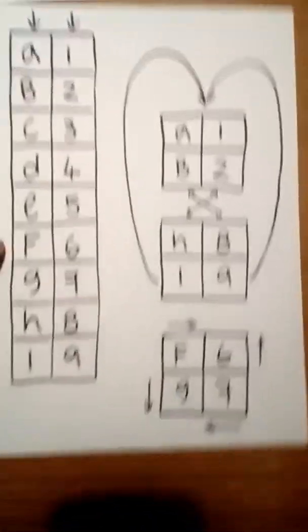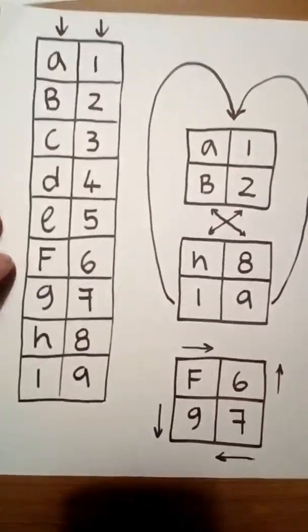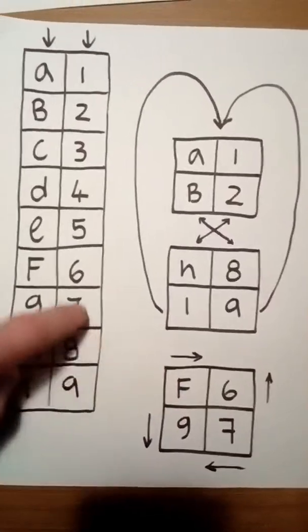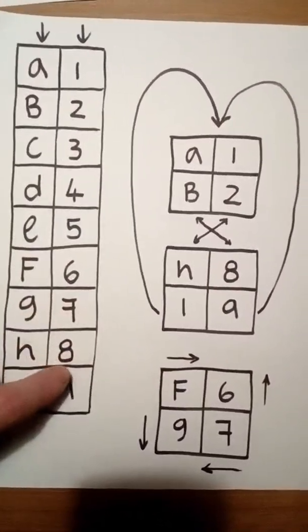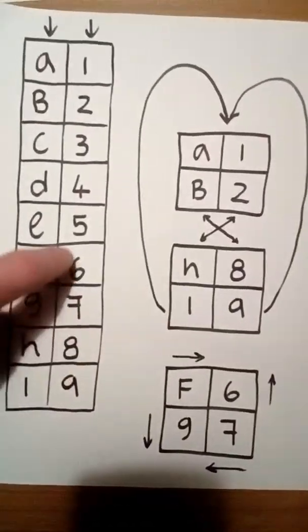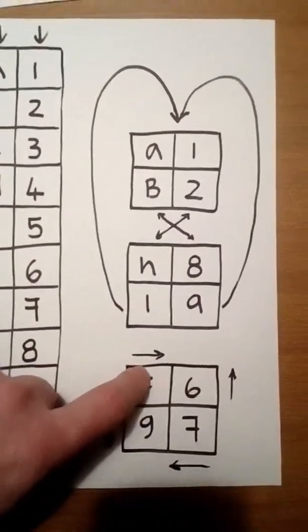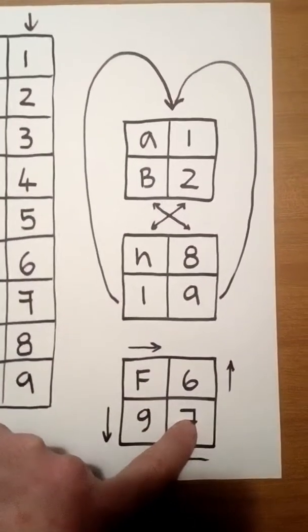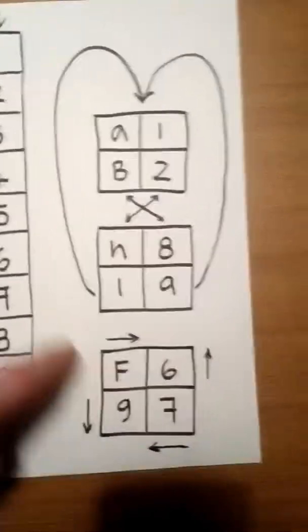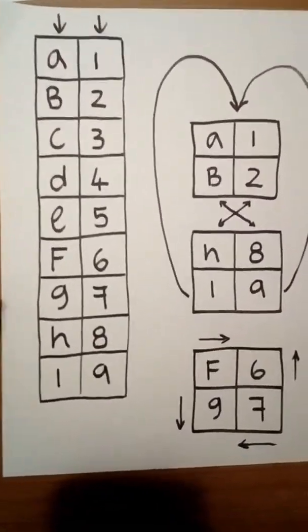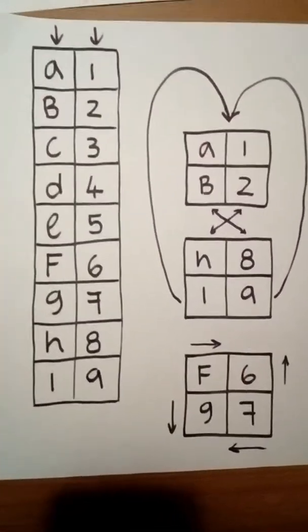Now the funniest thing I found really is that, see here we have this section, so the next one up from that bit, and we have the F and the 7 and the 6 and the G. Now we're told that these derived independently from each other.